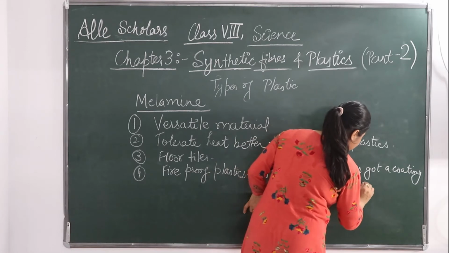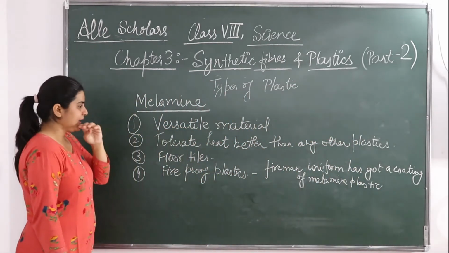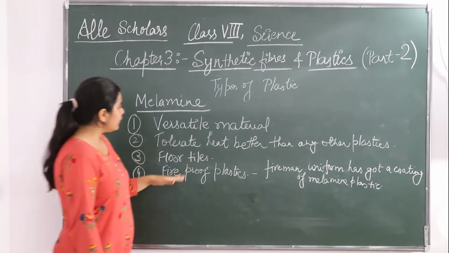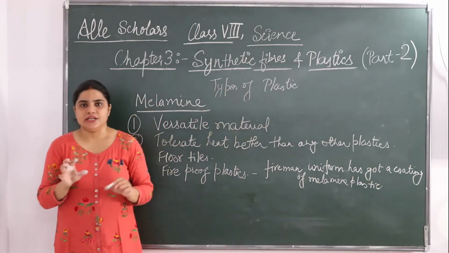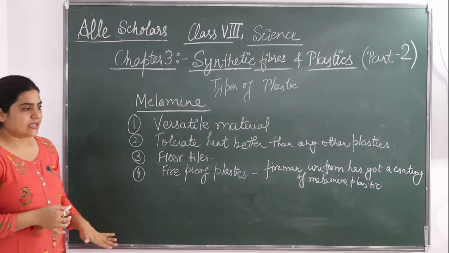Now you must be thinking that it is plastic, so why is it used? If it catches fire, plastic would start melting. No. In case of melamine plastic, the flame is resisted. Okay? The melamine plastic makes it flame resistant.